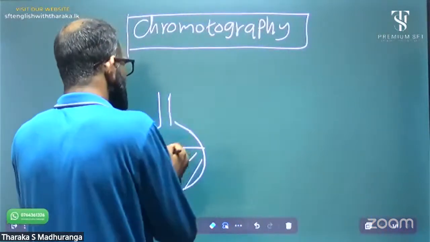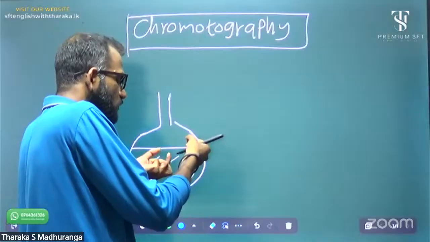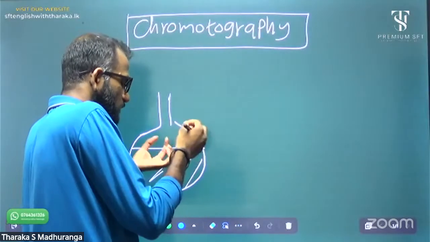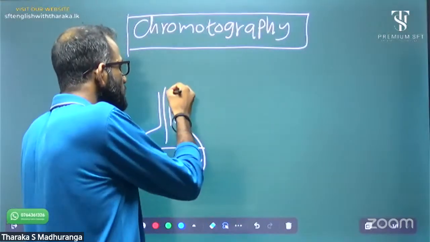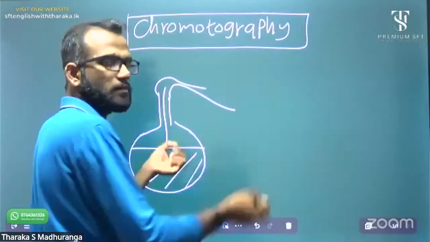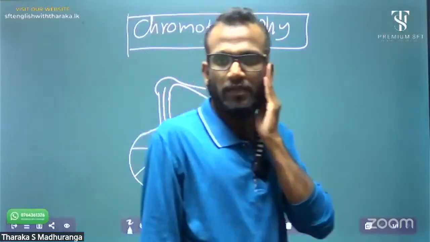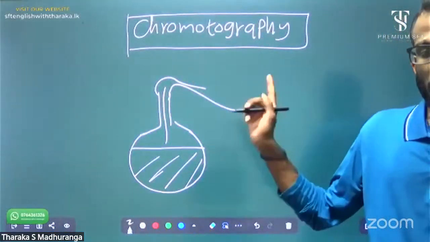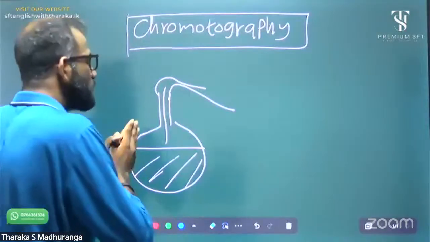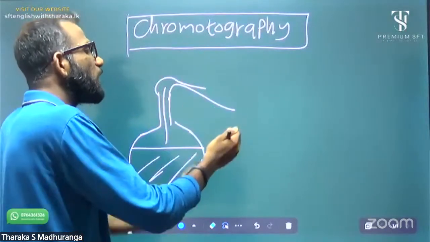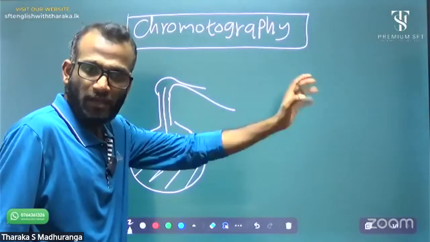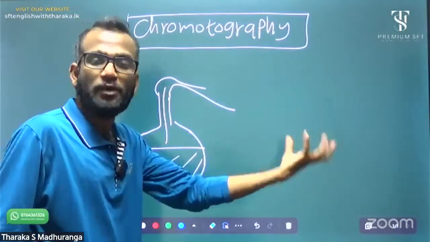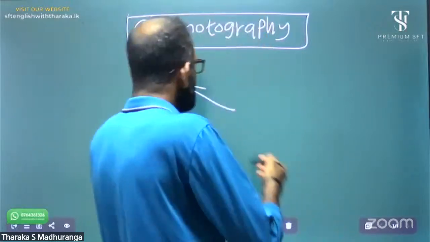They vaporize, and the secondary metabolites dissolve in the solvent, and the solvent vaporizes and goes into the condenser, the cooling system. More purified means not completely purified, but comparatively purified. What is the difference?